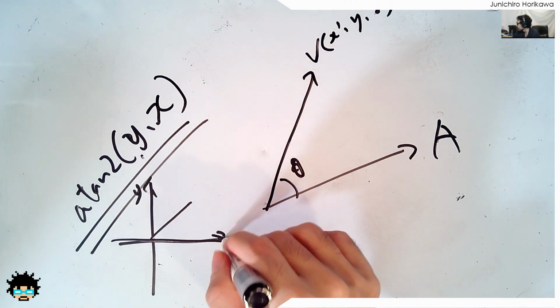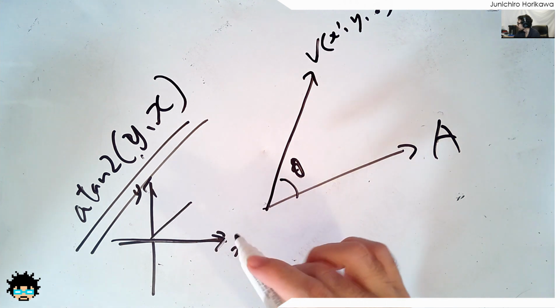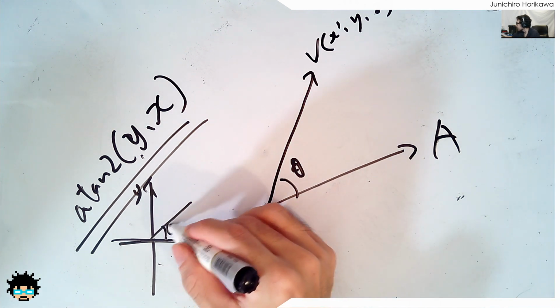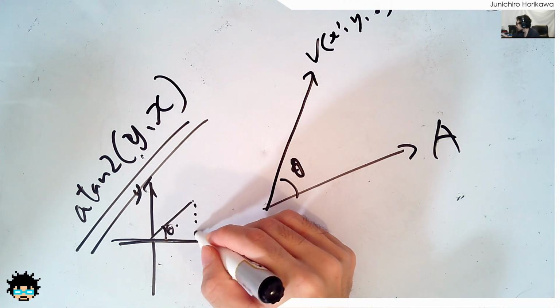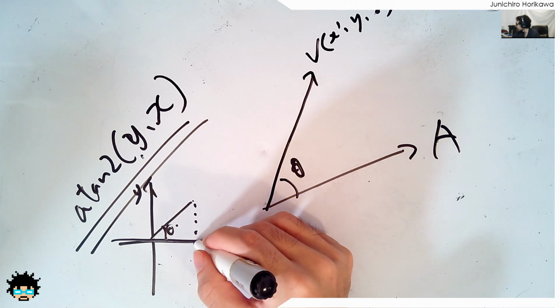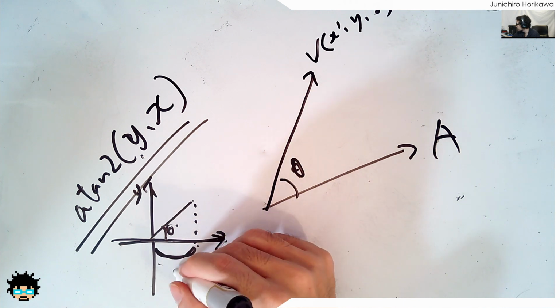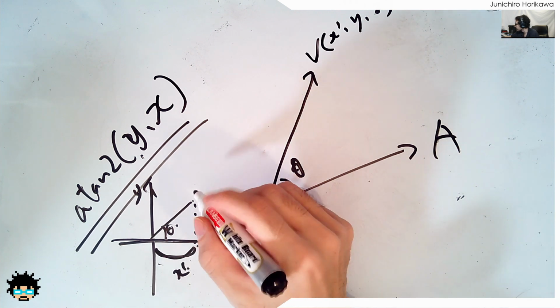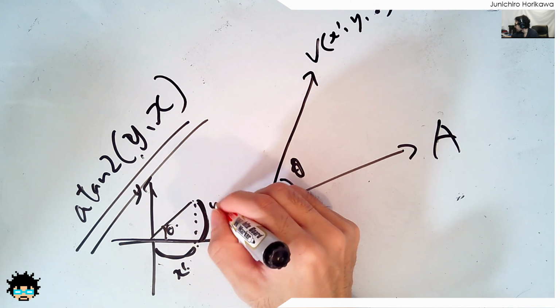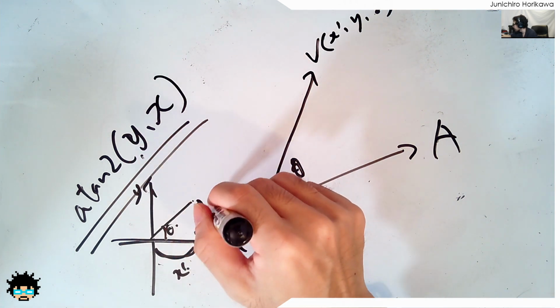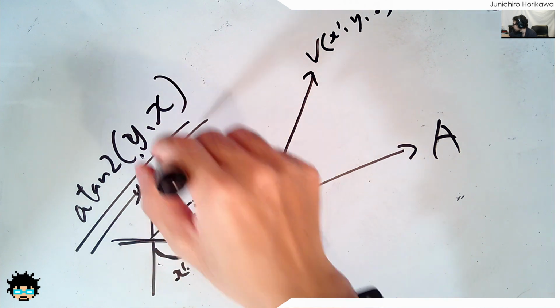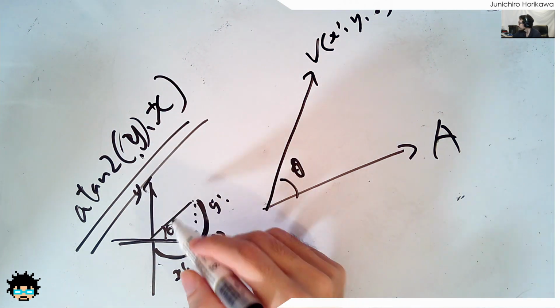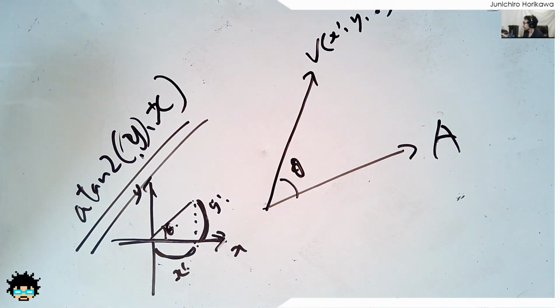We were just using this x-axis as a base and used the projected point, this coordinate, as the x coordinate, and this height as the y coordinate, and placed these values into the parameters, and as a result you'll be able to get this theta value.